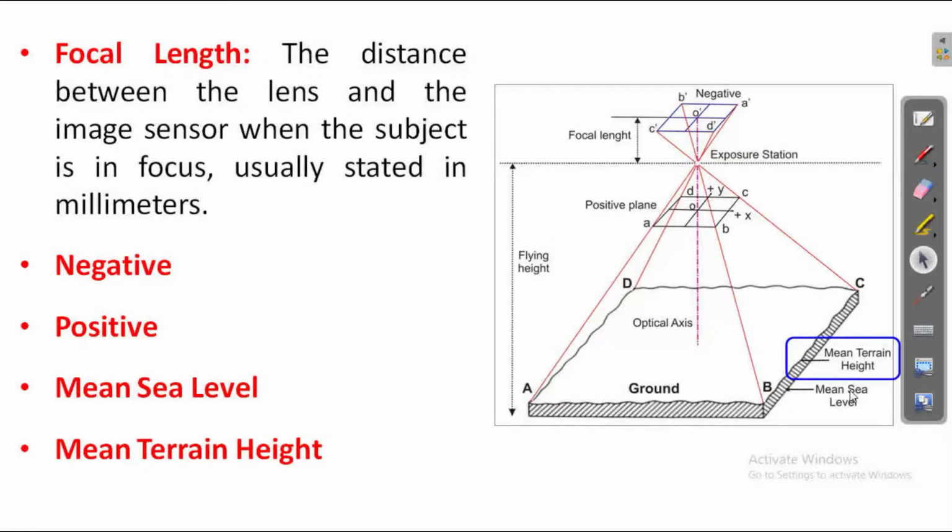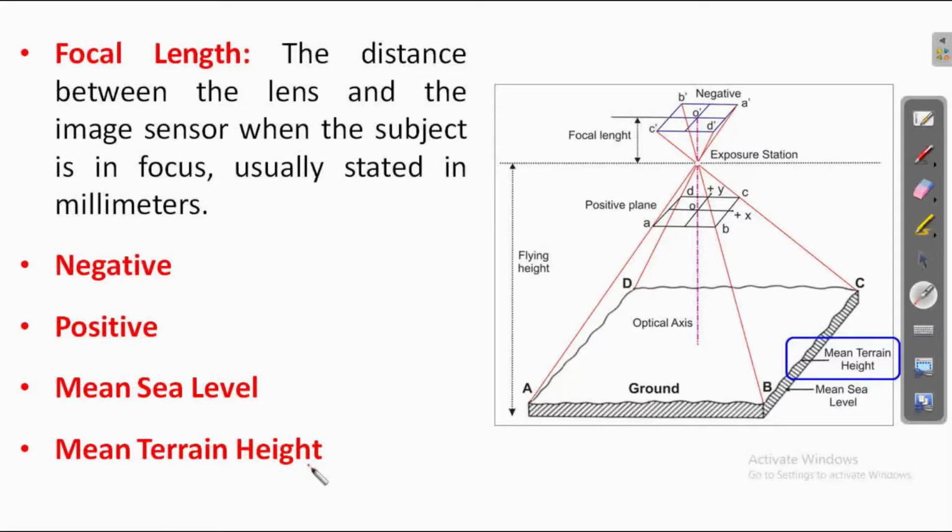Mean terrain height means the height of a specific geographical area above the mean sea level. These two things, mean sea level and mean terrain height, are important to consider for the calculation of the scale of a specific geographical area or a specific point in the aerial photographs. If you want mean terrain height, the height of the specific point is important.